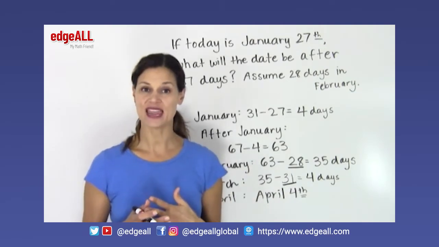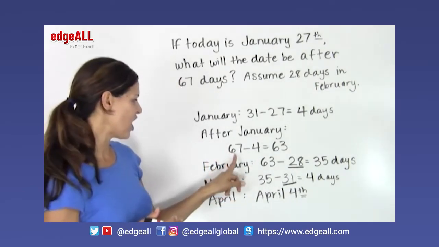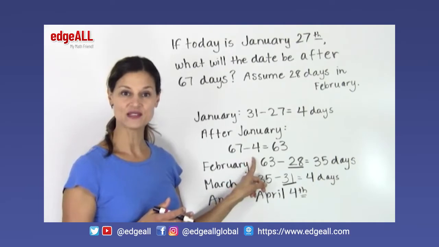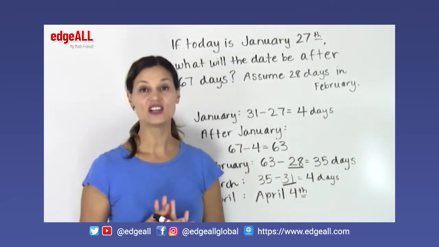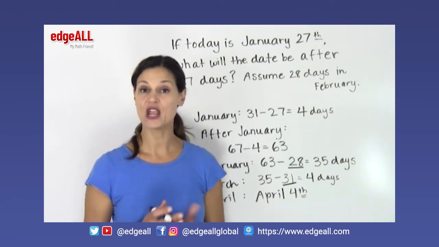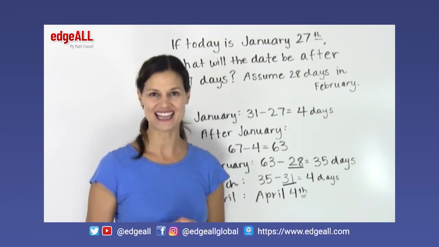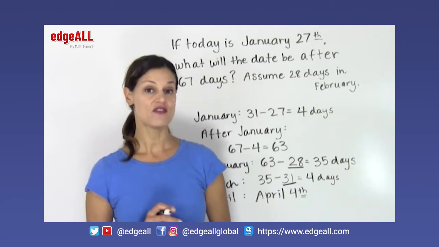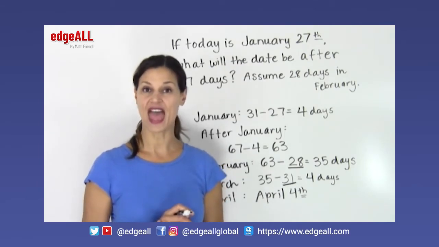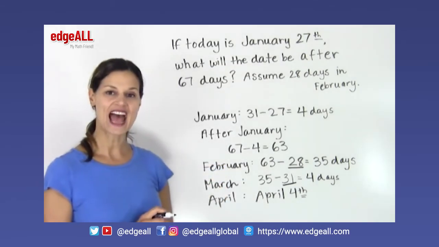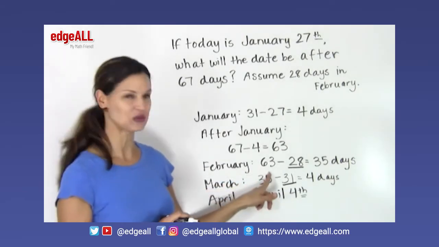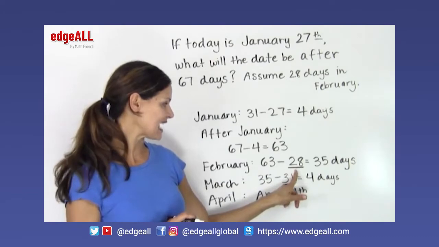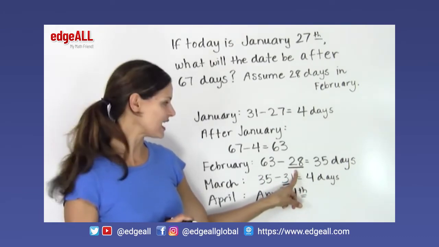The days remaining after January then are 67 minus 4, which equals 63 days. It is still a very large number, and no month has so many days in it. February is the next month after January, and it has 28 days. So out of our 63, 28 days will fall in February.